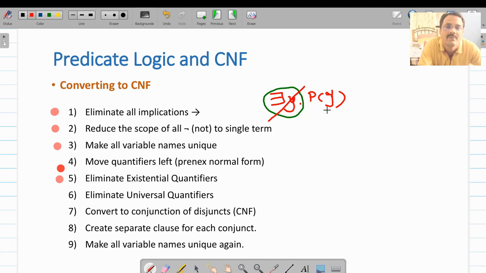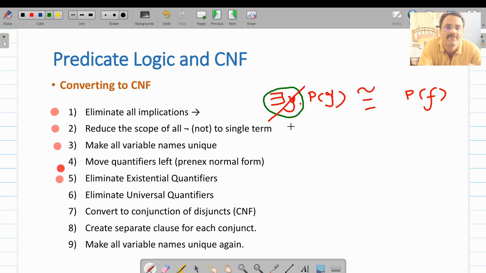So this is equivalent to p of some function f which will return that required value. But if I know the constant, then no problem, you can simply substitute that value with the constant.